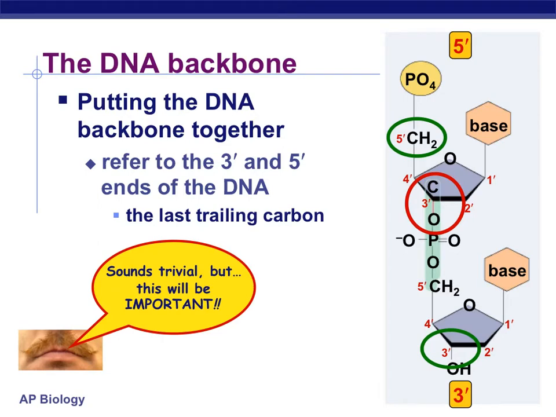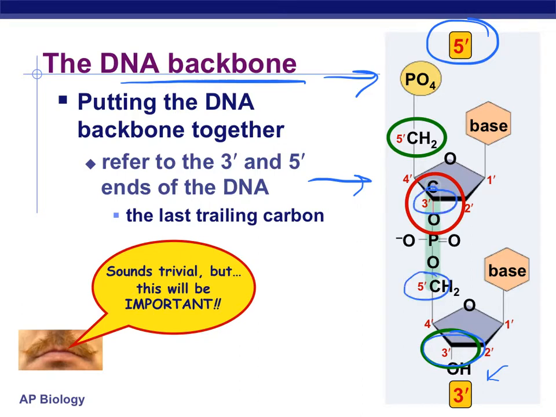Recall that the DNA polymer has a backbone that is alternating sugars and phosphates. And we also remember that each strand of a DNA double helix has a 5' end and a 3' end. This refers to those carbons we just identified, the 3' end and the 5' end.